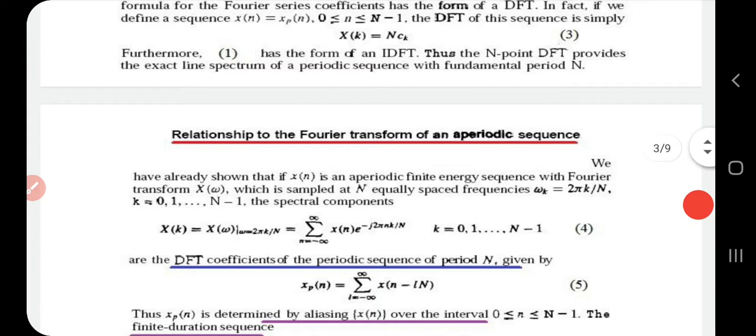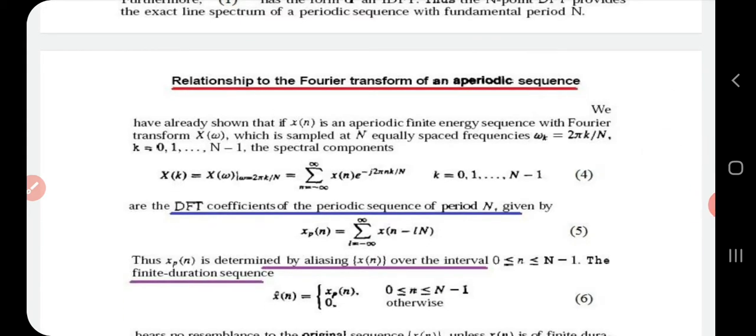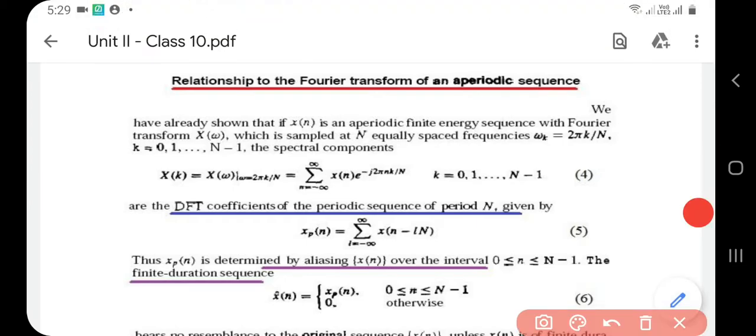Next is the relationship to the Fourier transform of an aperiodic sequence. Suppose that we have a Fourier transform, say X(omega). X(omega) represents the Fourier transform. Now we have already shown that if x(n) is an aperiodic finite energy sequence with Fourier transform X(omega), which is sampled at N equally spaced frequencies, then the spectral components are as follows.